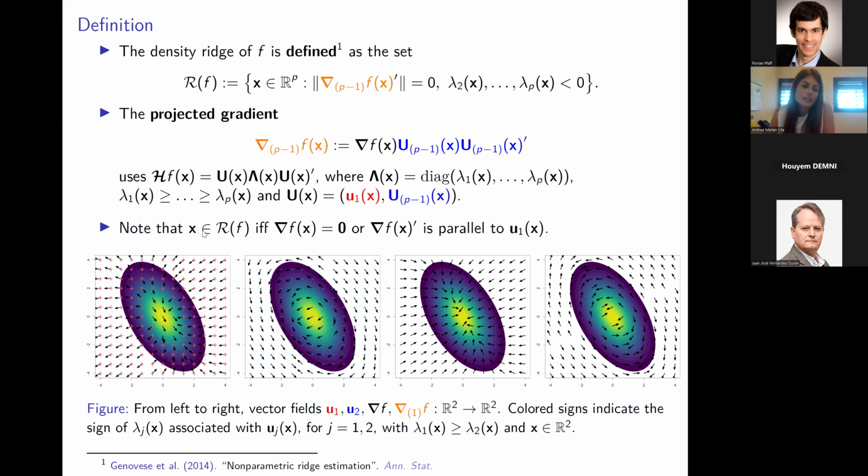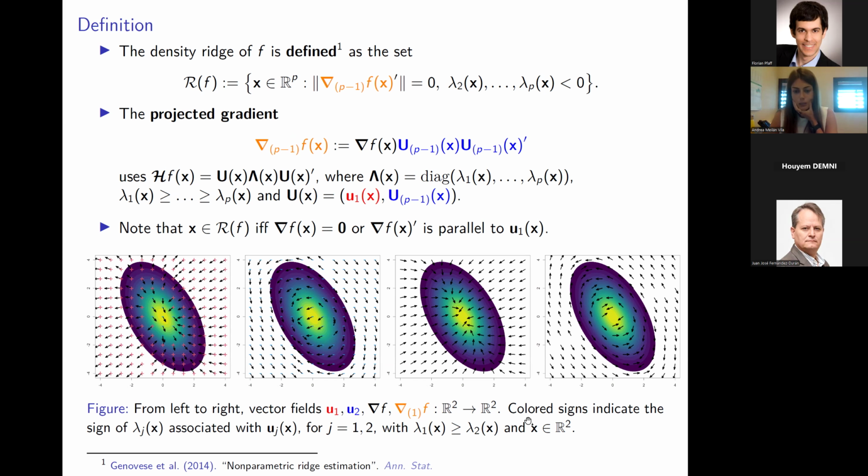Notice that a point belongs to the density ridge if and only if the gradient is null or the gradient is parallel to the first eigenvector of the Hessian matrix of f. Here in this plot, we have, from left to right, the first eigenvector, the second eigenvector, the gradient of f, and the projected gradient.